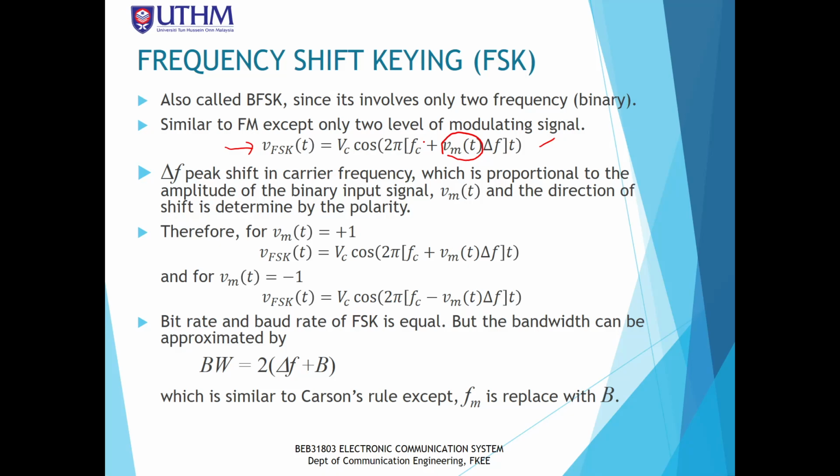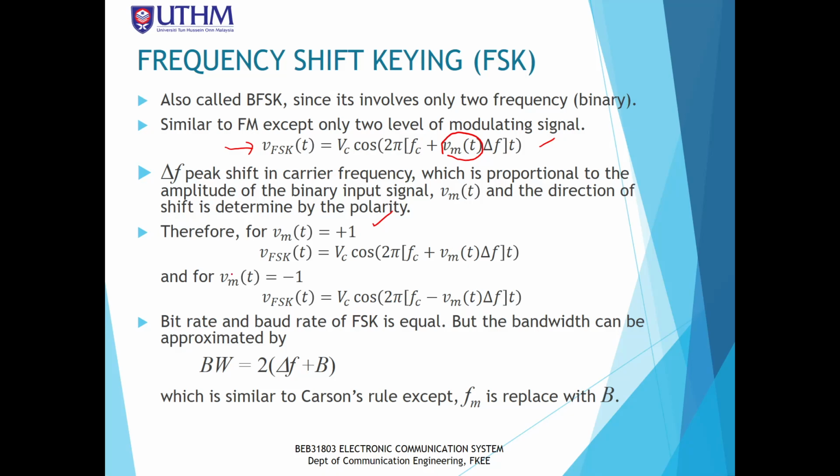If the input is logic 1, Vm(t) is going to be plus 1. If the input is logic 0, Vm(t) is going to be minus 1.